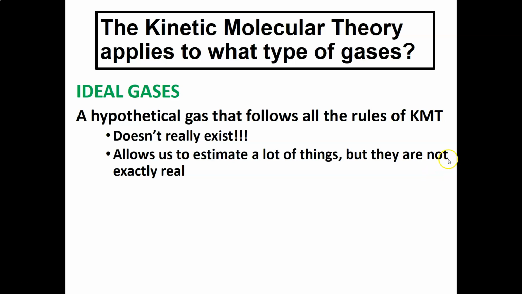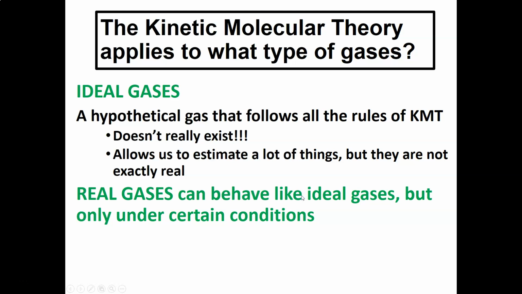One thing we sometimes might ask you is what conditions would allow a real gas to behave like it was ideal? Real gases can behave pretty well under certain conditions. So we want a very high temperature so that they're going very, very fast. And we want a very low pressure so that they're very far apart, because we don't want the molecules interacting with each other.